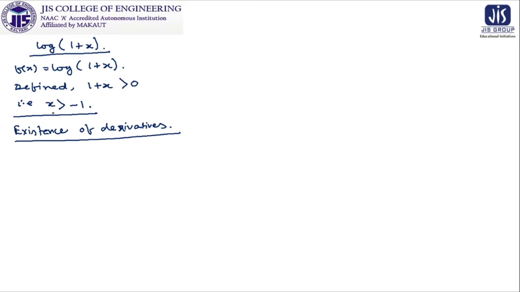Now, the next step is finding f(x), f dash x, f double dash x, and so on, and their values f(0), f dash 0, f double dash 0. We get that f(0) is equal to 0, f dash 0 is equal to 1, f double dash 0 is equal to minus 1, and so on.